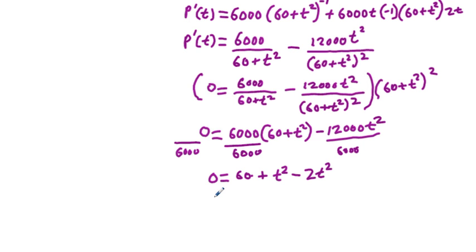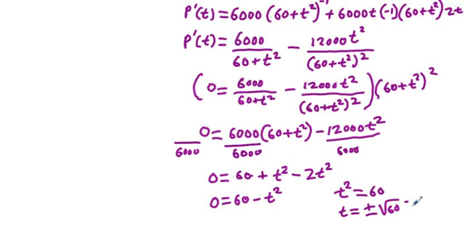Combining like terms, we have 0 equals 60 minus t squared. Solving, t squared is equal to 60. Taking the square root of both sides, t is equal to plus or minus square root of 60.